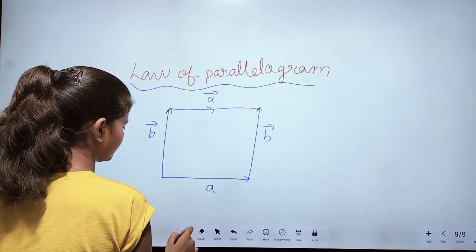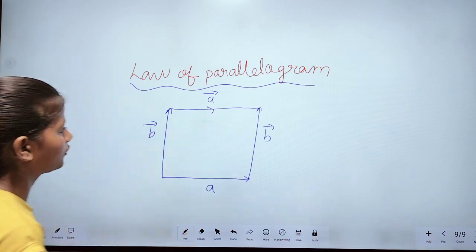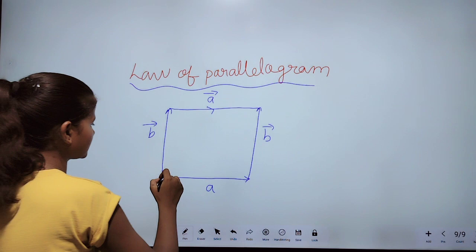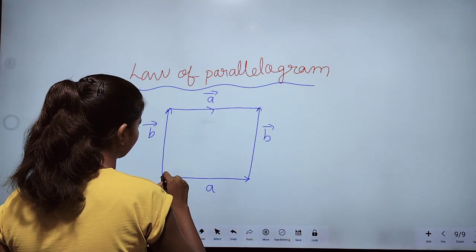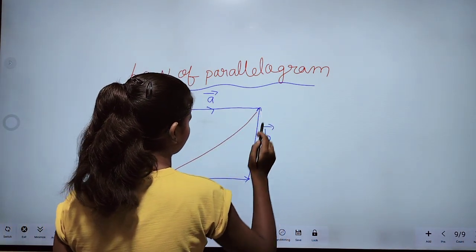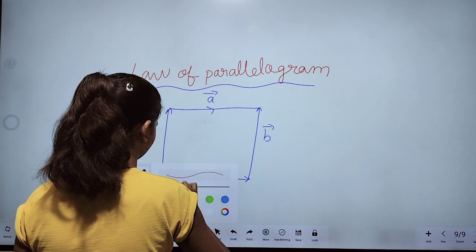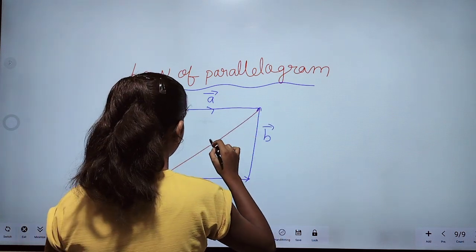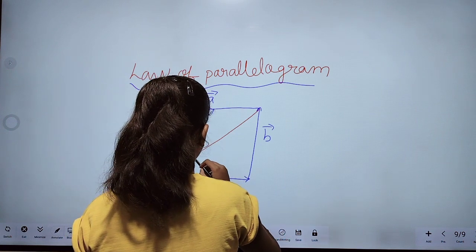Okay, now the resultant from the tail of the first vector to the head of the last vector gives the resultant.